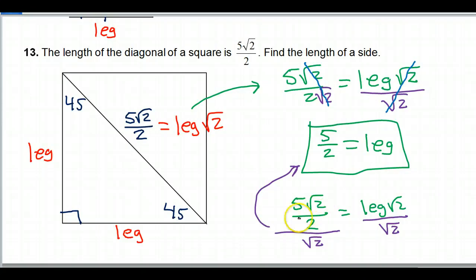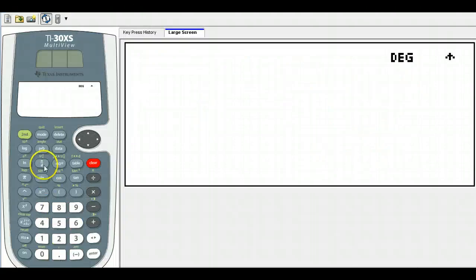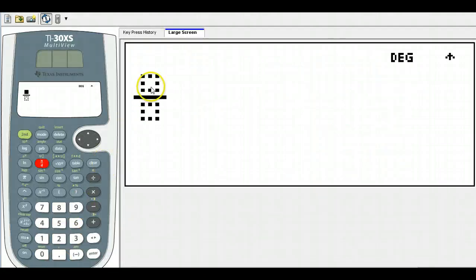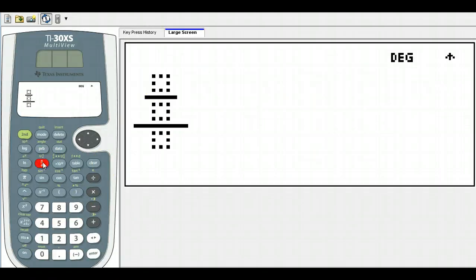Okay, so first, this is like a fraction within a fraction, so we just have to be really careful. Okay, so here, we'll hit our n over d button, we have a fraction. Now in the numerator of our fraction, we need a new fraction, 5 radical 2 over 2. So I'm already in the numerator, so I'm going to hit my n over d button again, and it will make a fraction inside of a fraction.